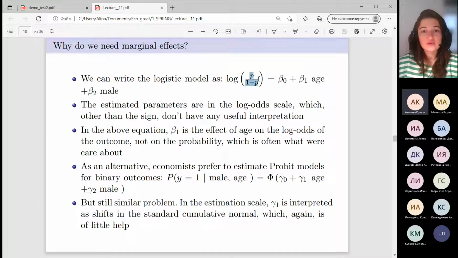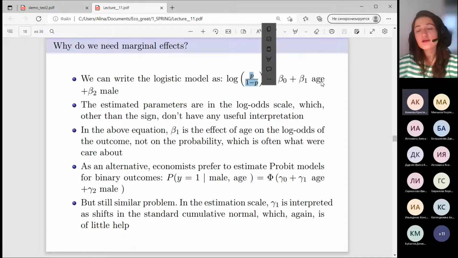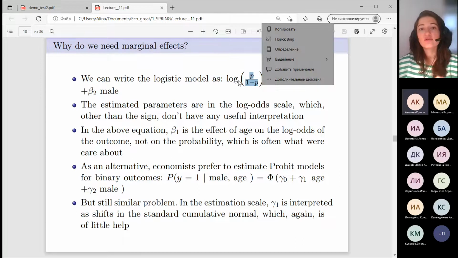We name this ratio the odds, the odds ratio. And it's very difficult to interpret on the log odds ratio scale. If you increase age by 1 year, it means that the logarithm of the odds ratio of owning a house changed by some value. What does it mean? I don't know.